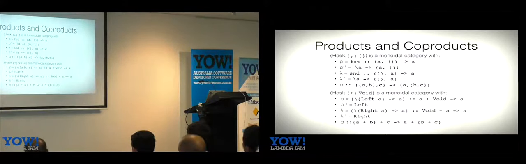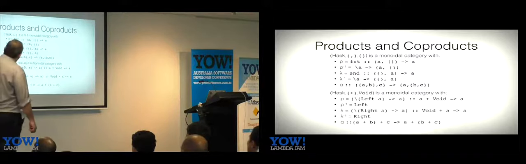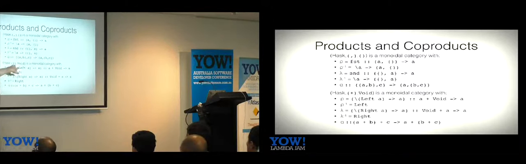We can also do other choices of tensor. We're not limited to just doing products, and this is where things start to get interesting and where we can start to see a more general notion of a monoid once we go through just a couple more steps. And that is that Either, I'm going to use plus here because notationally it fits on the slide, with Void being the uninhabited data type, also works.